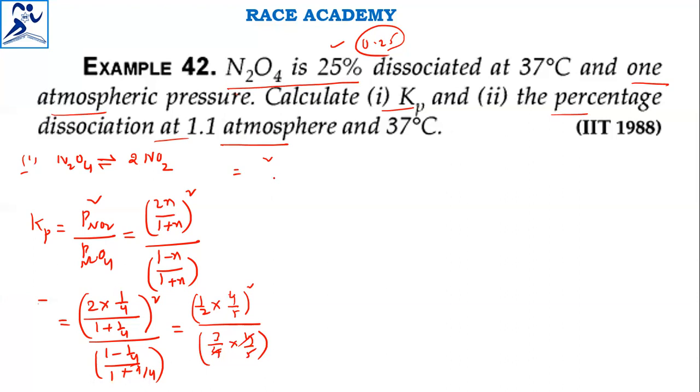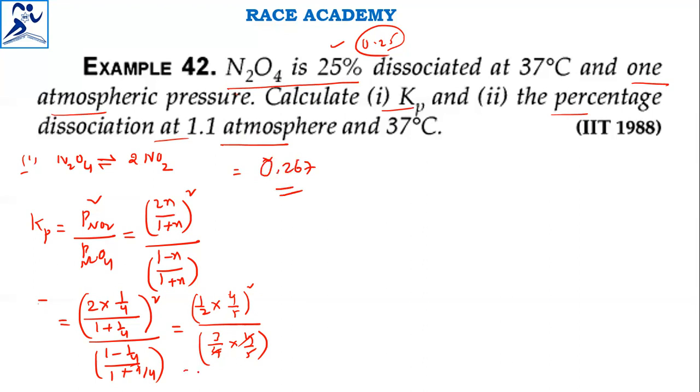That simplification is giving the answer directly. I am telling, that is 0.267 you will get finally, because this multiplication value I am directly giving.